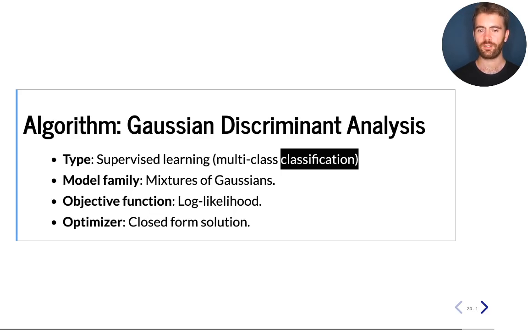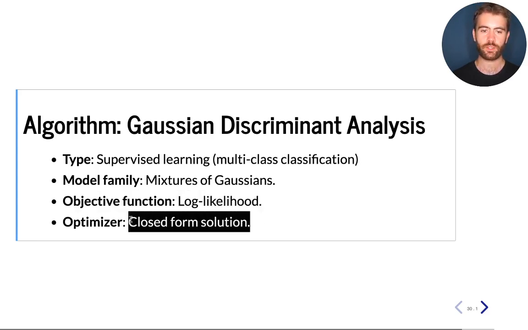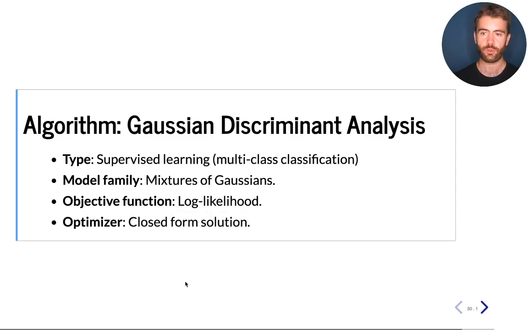And this is another misnomer. The type of model that it fits is a mixture of Gaussians, and it optimizes it using log likelihood. And in this particular example, we don't need to perform any form of gradient descent or any other kind of numerical optimization. There is a closed form solution for the parameters.